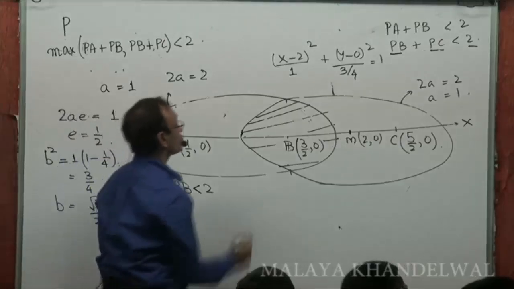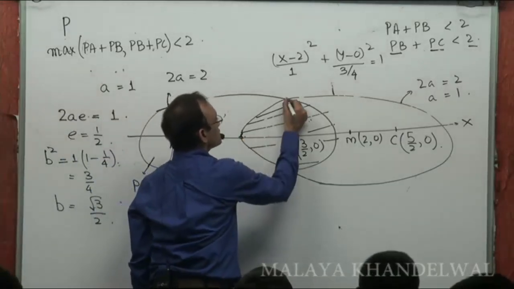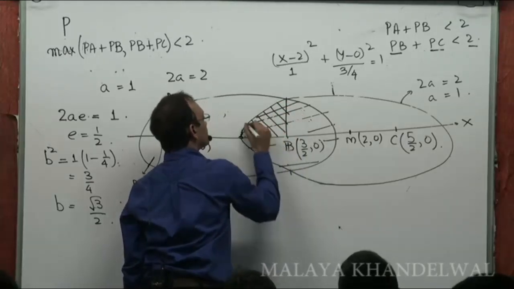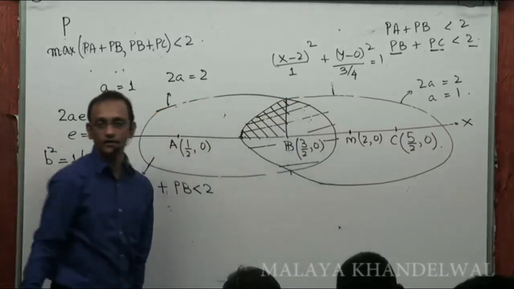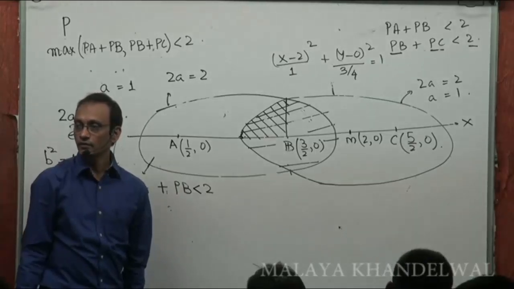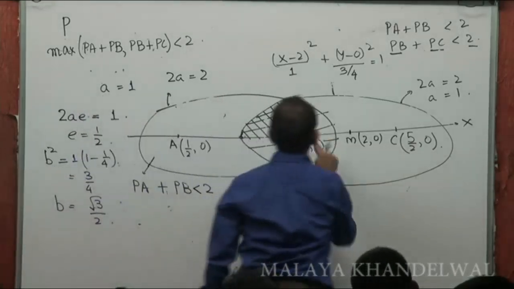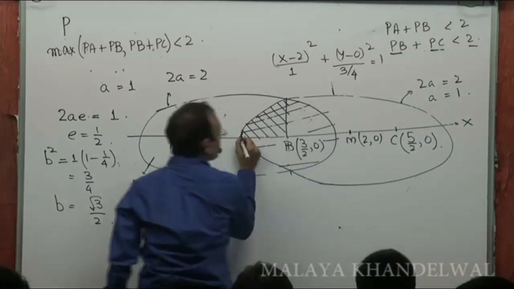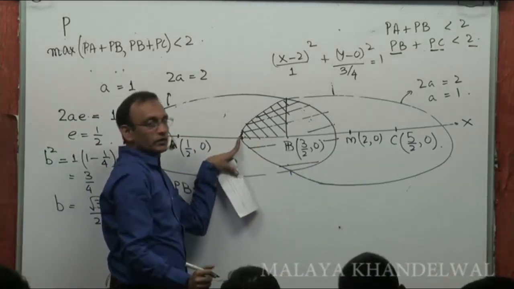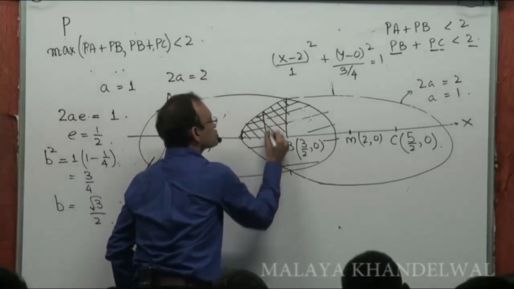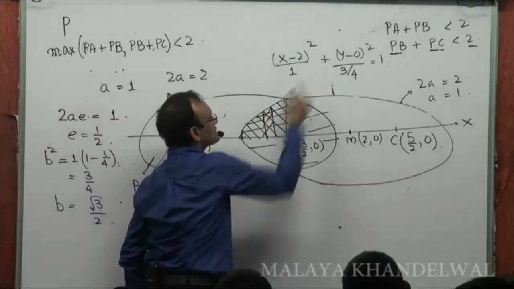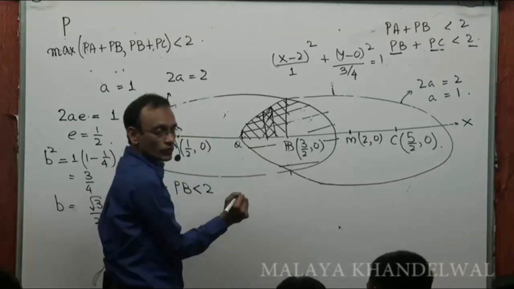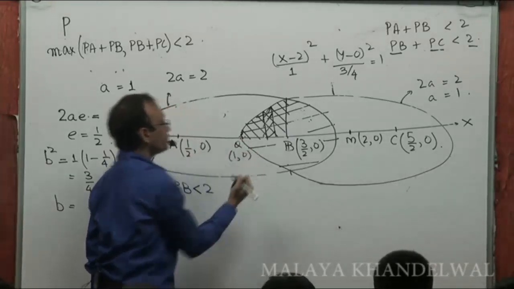Right? And from symmetry again, you can see that 4 times this area will be the required area. This plus this plus this plus this is actually 4 times this area from symmetry considerations. Now, you can find the coordinates of this point. So all that you need to do is select strips of this kind for this ellipse, y dx, and this point, let's say, is Q. 1, 0 is this point.